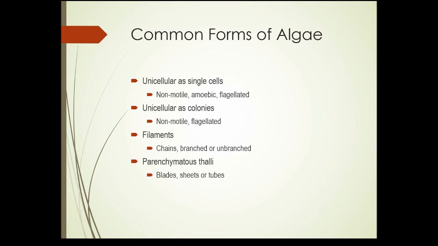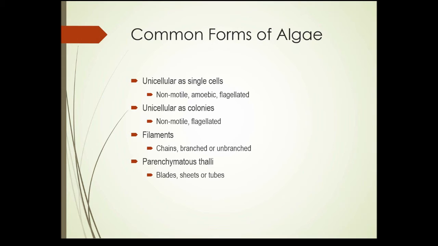Algae have different forms in which they grow. We'll look at the common ones here. Unicellular algae are single cells. That means just each individual cell floating around separate from the other algae cells. And these can be non-motile, meaning they can't move on their own at all. Just a cell floating with the current, essentially.